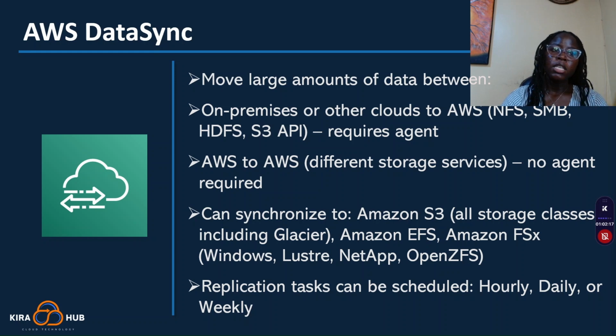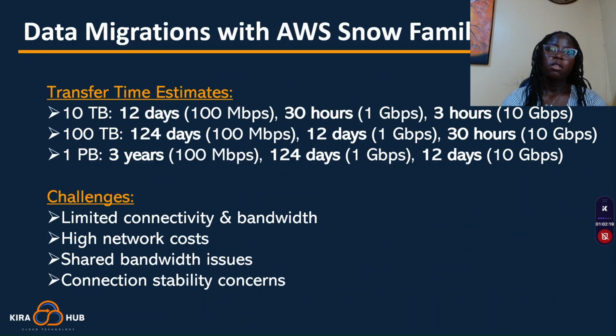Now, those are some of the online migration transfer tools. Now, let's go to the offline ones. I got these estimates from Stephane Maarek's course on Udemy. If you have 10 terabytes of data and you need to transfer it to the cloud, with 100 megabits per second, it will take you 12 days. If you have a network connection of 1 gigabit per second, it will take 30 hours.